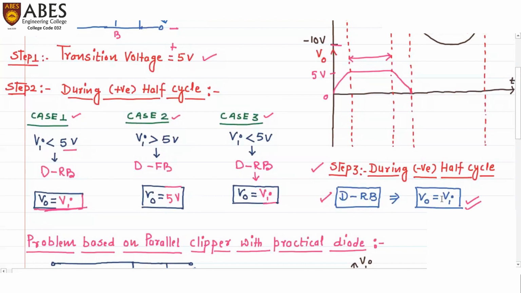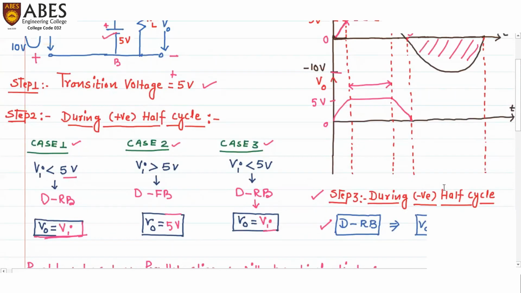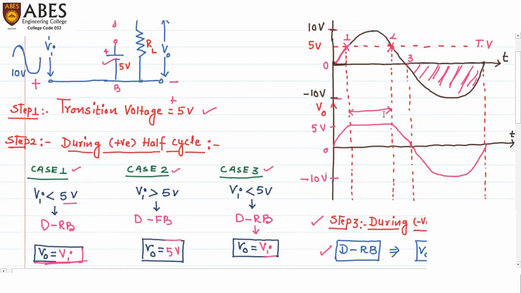So this shaded portion is the input voltage during the negative half cycle, and the same will be the output during the negative half cycle. This is minus 10 volts. So this is the complete output of the given circuit.